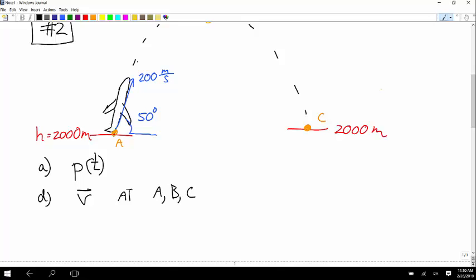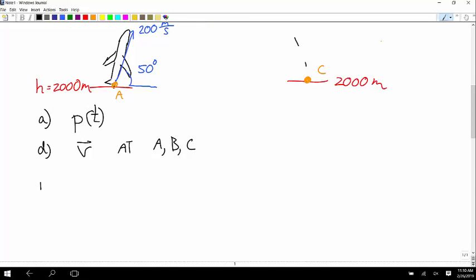And then the last one, let's just skip down to H. That is, if the passenger starts at rest inside the plane, in other words, starts with the initial velocity that the plane has, what is the acceleration of the passenger relative to the plane?